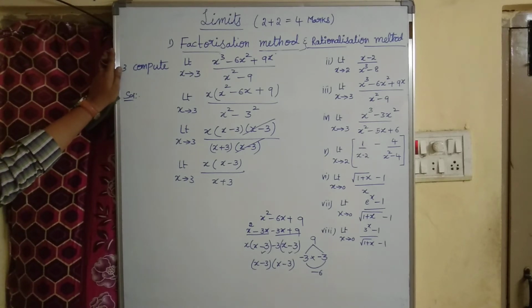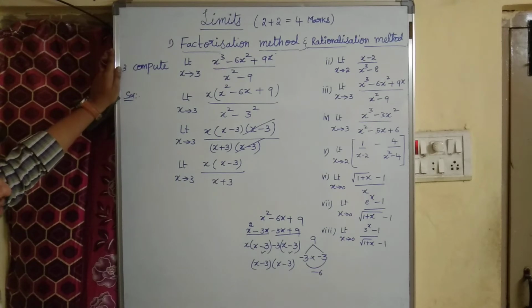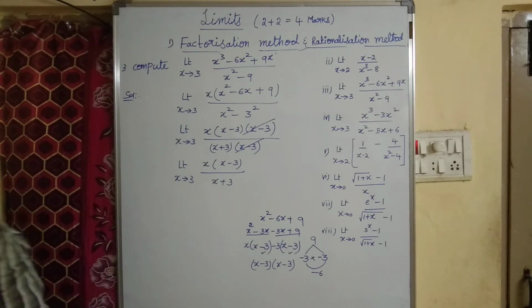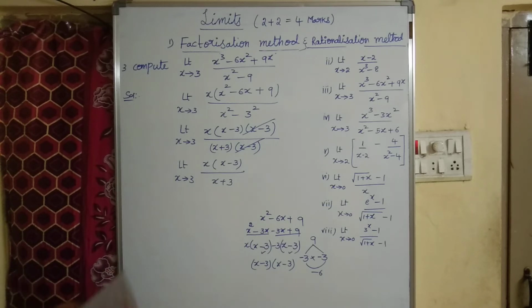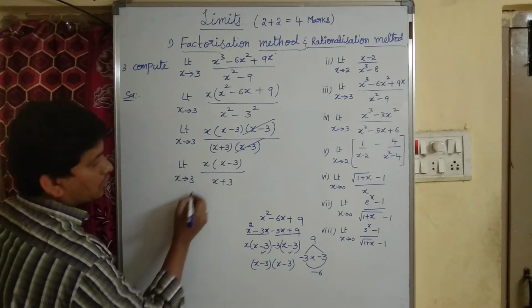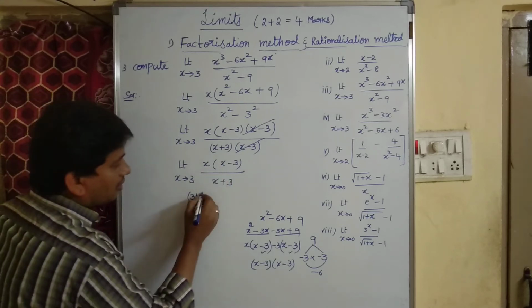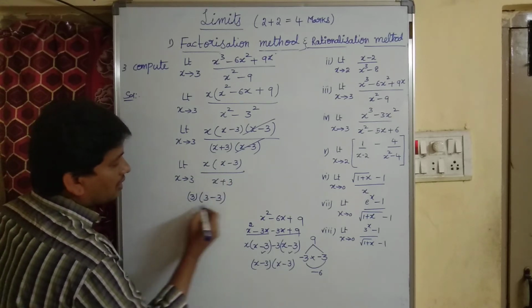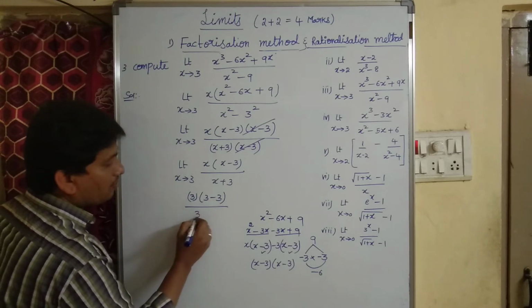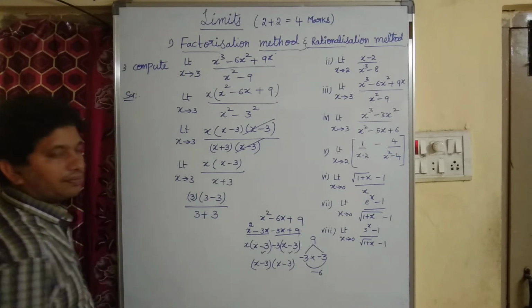As we got x into x minus 3, now in place of x you substitute 3. So what will you get? In place of x you substitute 3: 3 into 3 minus 3, divided by, again in place of x, 3 plus 3.